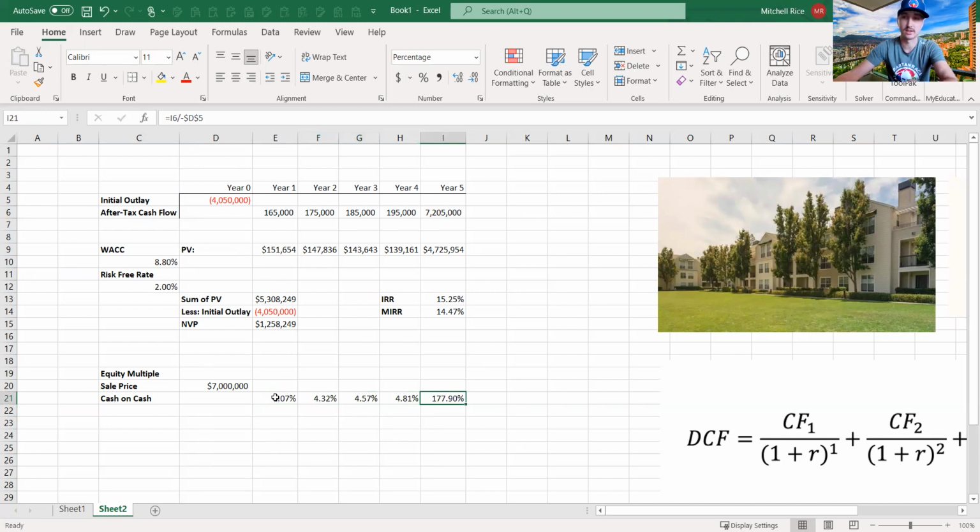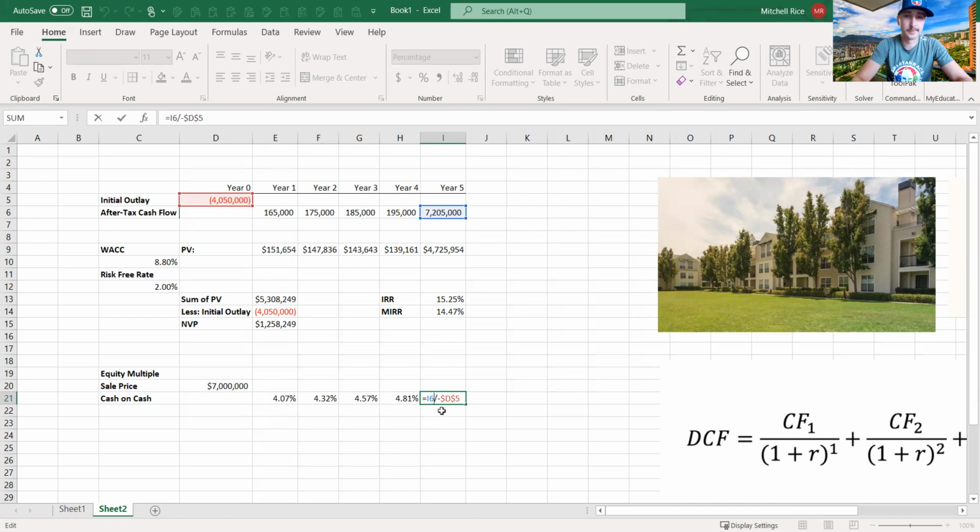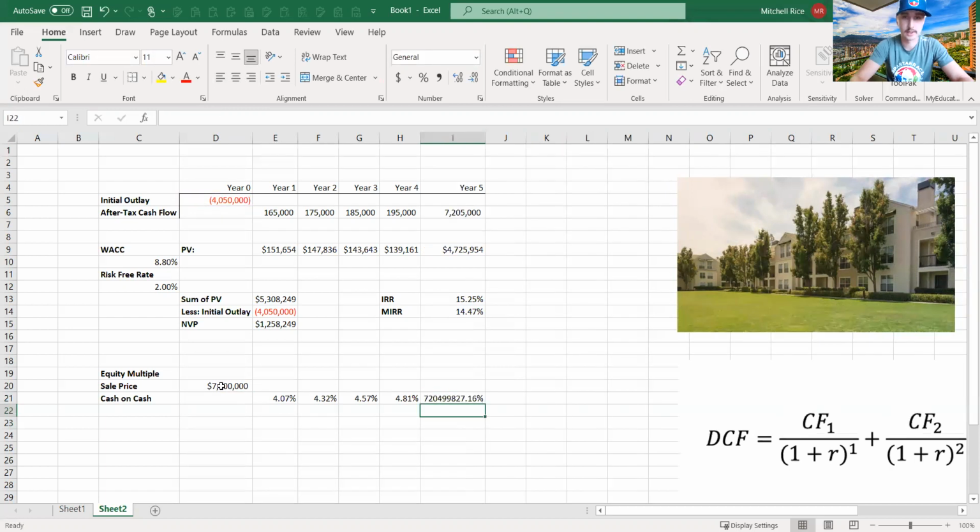It's because it's including the disposition price, and you would never include that, because once again, you're just trying to find a cash on cash annual return. Usually it's based on your cash flows. This is just going to skew your average. So if I was you, before dividing by your equity portion, I would just subtract out your sales price.